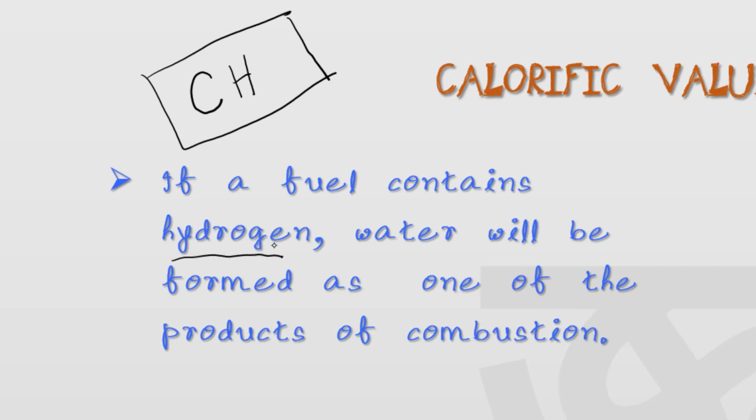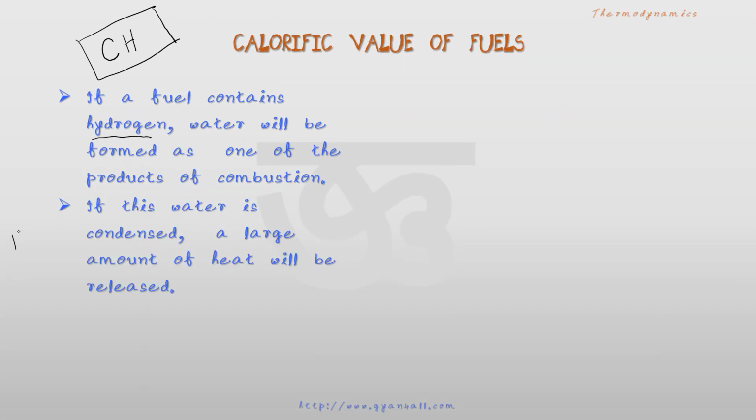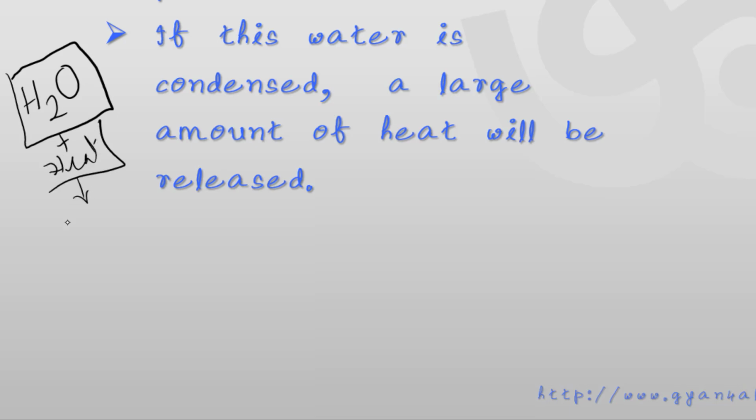And you should remember, the water will definitely be evaporated because there is enough heat to evaporate the water. So it is still water, but we will call it the vapor state of water. The hydrogen present in the fuel will be converted to water due to the chemical reaction. From hydrogen we get water, and this water will absorb the heat to become steam. Steam means vapor.